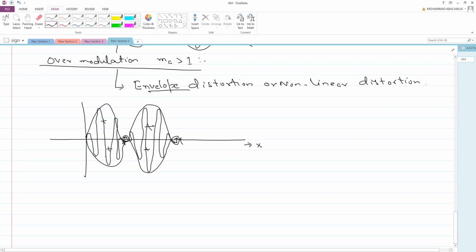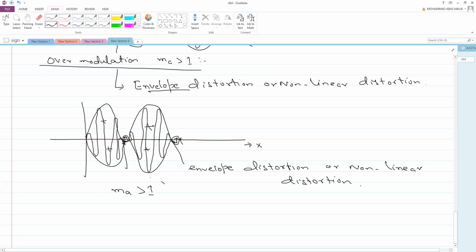You got it? So this problem here and here is called envelope distortion. That means the information preserved in the envelope is distorted. That's the reason you call this envelope distortion or nonlinear distortion. This problem occurs whenever your modulation index is greater than 100% or greater than 1.